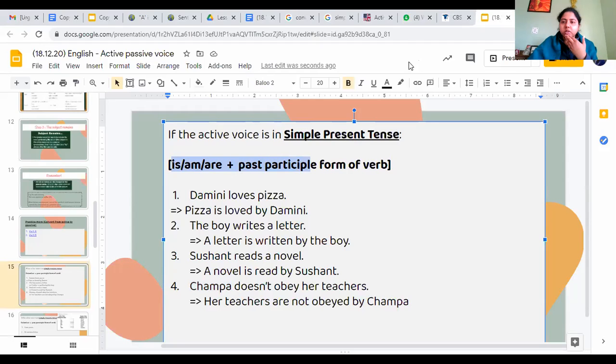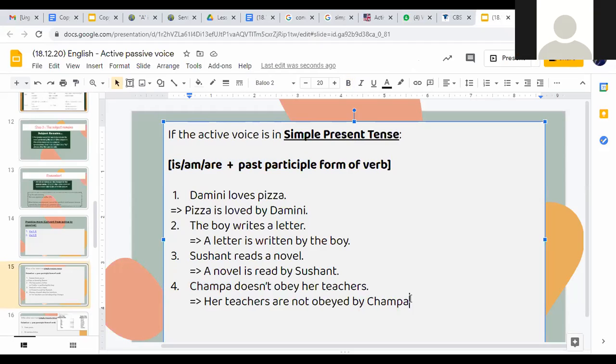Ganesh, complete your doubt. But teacher, if we look at this sentence and read, then this sentence doesn't make sense like the first one. Her teachers are not obeyed by Champa. Why doesn't it make sense? It doesn't sound similar with the fourth. No, but meaning is the same only, na?